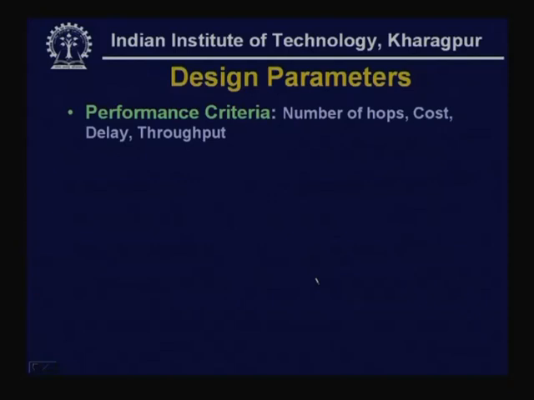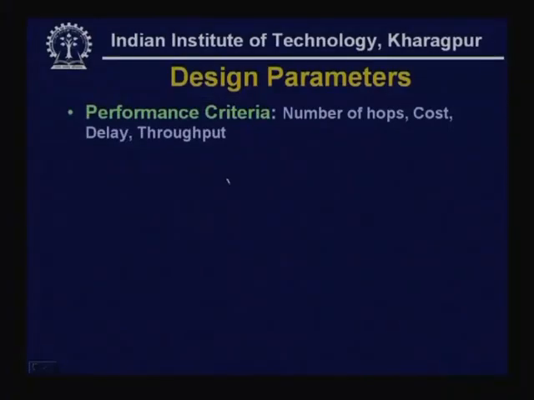Okay. Now, let us focus on the design parameters. So, whenever you try to design a routing algorithm, you have to take into consideration several parameters into account. First is the performance criteria.